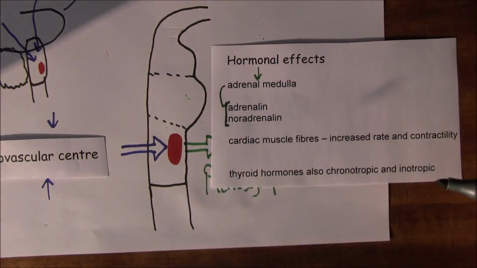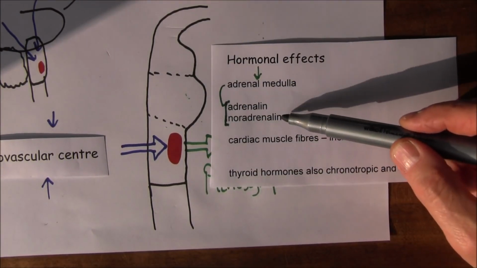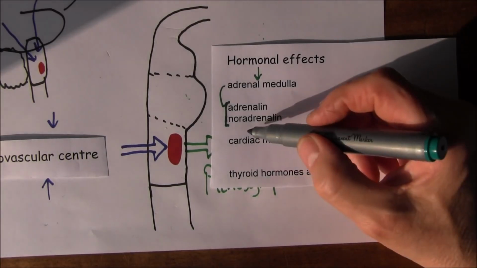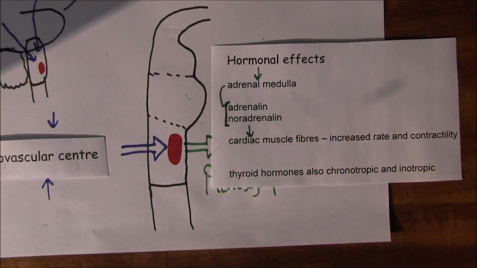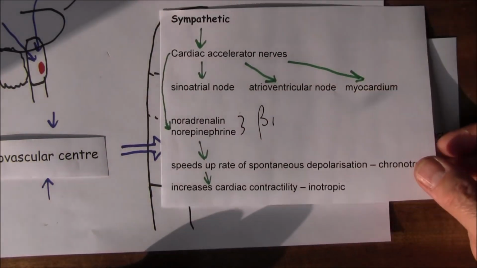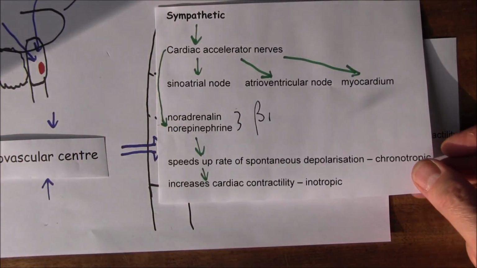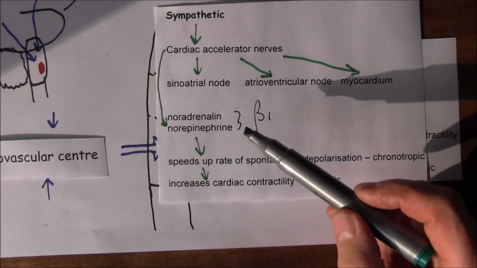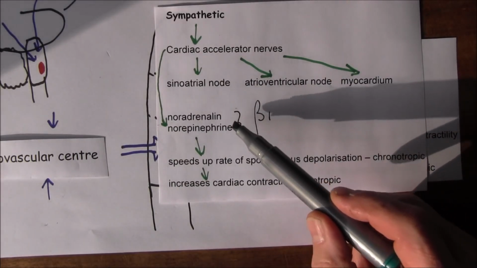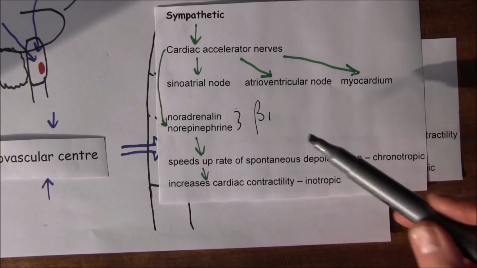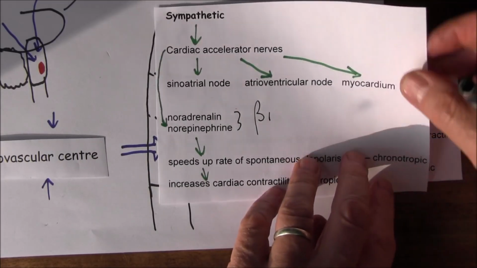Mostly, in fact, adrenaline. Or to put it another way, epinephrine and norepinephrine. And this is going to stimulate the cardiac muscle fibres really in much the same way that the neurotransmitters released by the cardiac accelerator nerves did. Remember, they released noradrenaline, which is norepinephrine, that stimulated the beta-1 receptors.